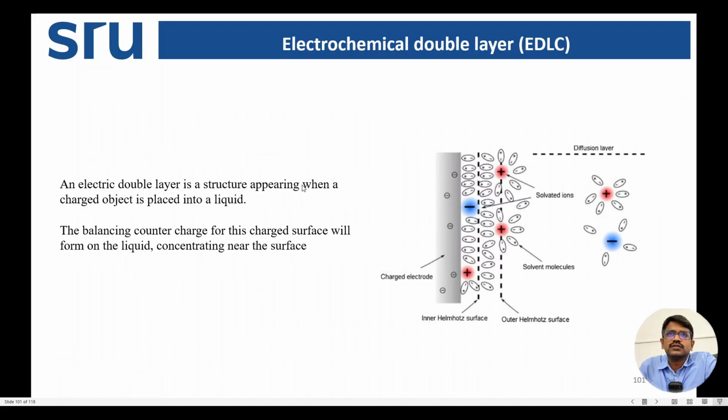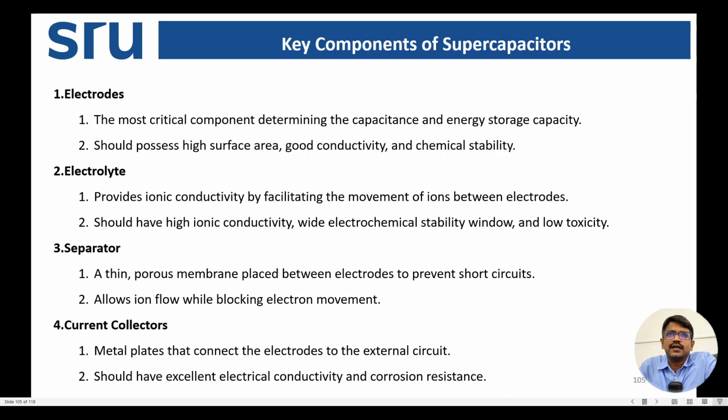Because in a supercapacitor the ions flow from one electrode to another through the electrolyte. The purpose is to facilitate the movement of ions between electrodes. If it is a poor ionic conductor, the ions cannot easily flow in the electrolyte.